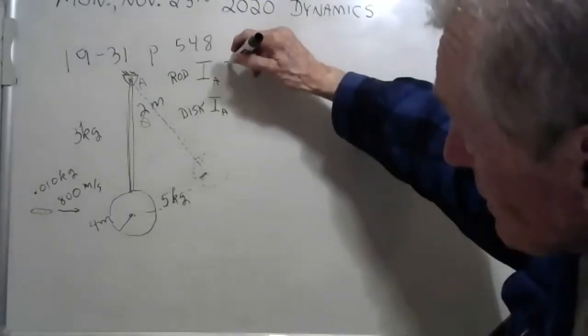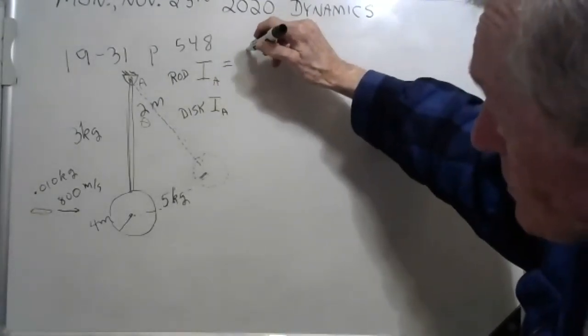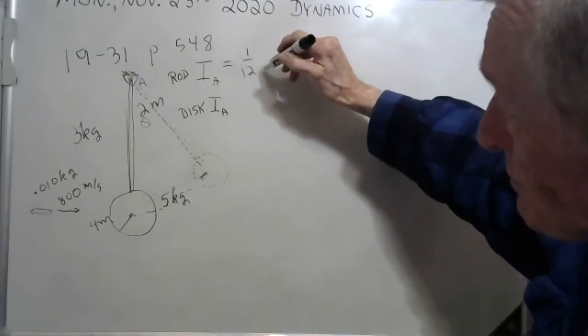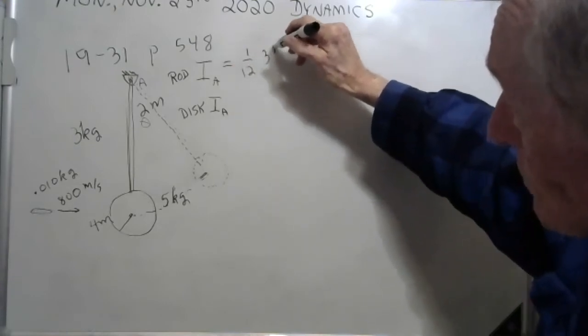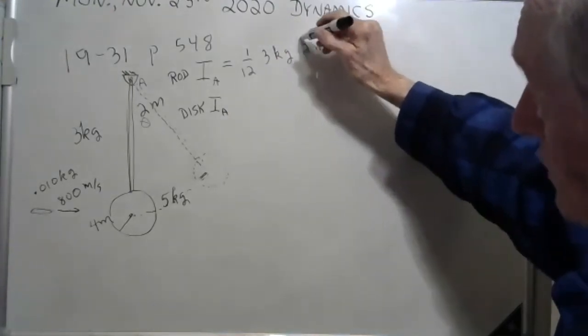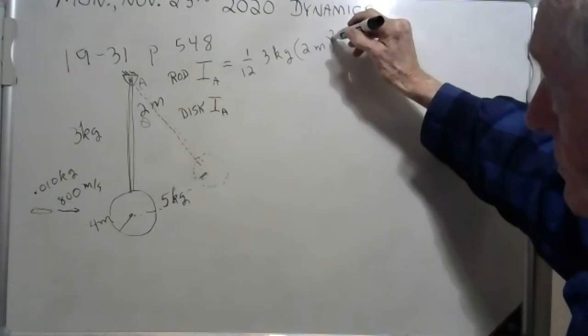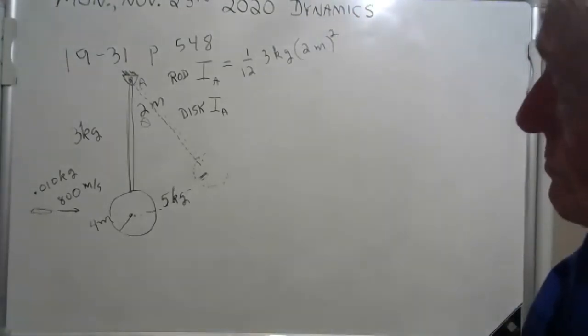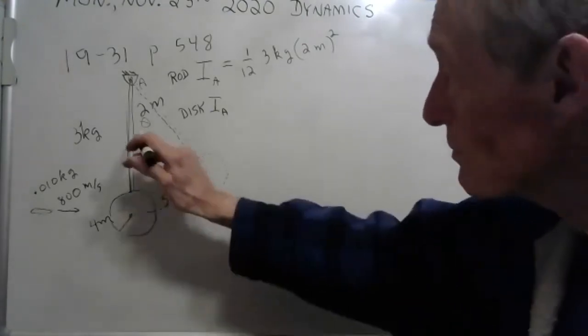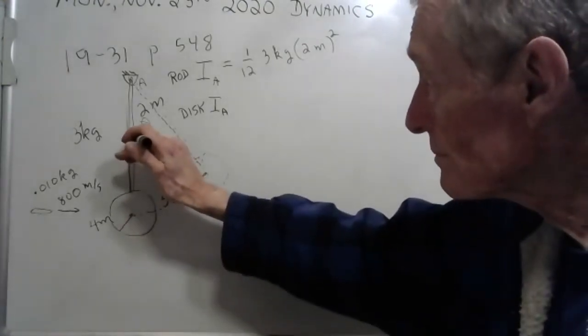Okay, I'll tell you how to do this. It's 1/12 times the mass of the rod times the length of the rod squared. But that would just be about the middle of the rod.